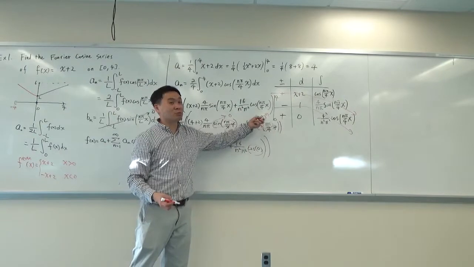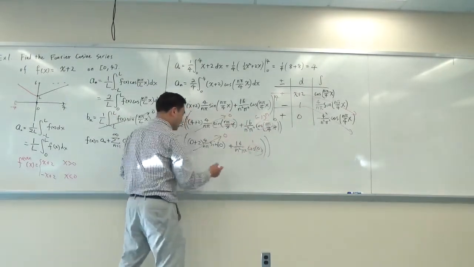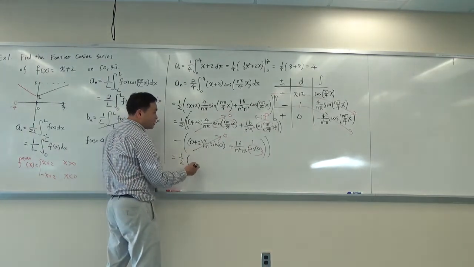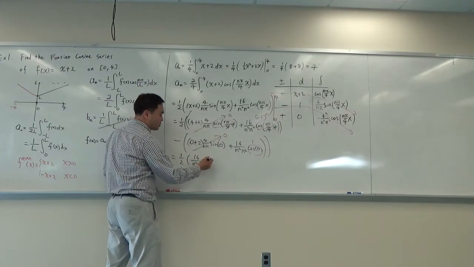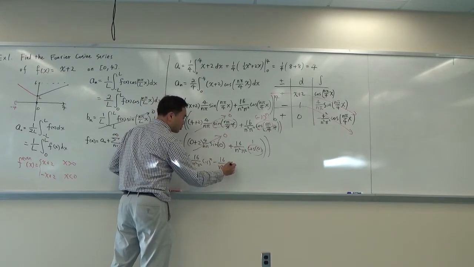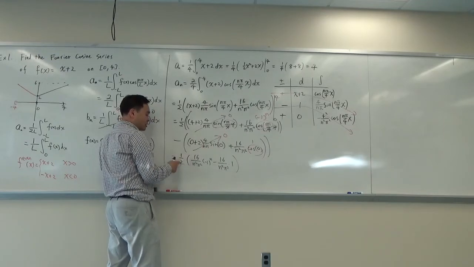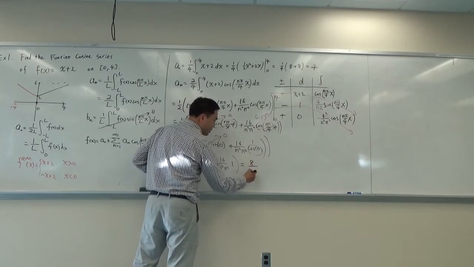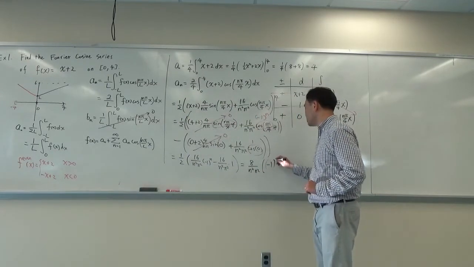If you plug in negative 1 to the 0th power, you get positive 1, so that will be 1. So the end result is that you have 16 over n squared pi squared negative 1 to the nth power minus 16 over n squared pi squared times 1. Because these are all common, you can factor it out. 16 divided by 2 is 8. So you end up with 8 over n squared pi squared of negative 1 to the nth power minus 1.